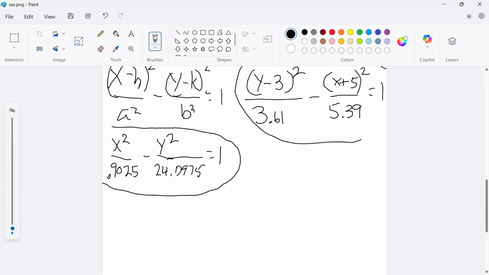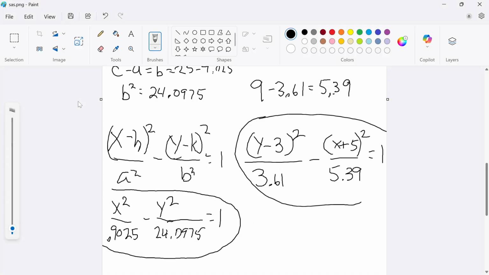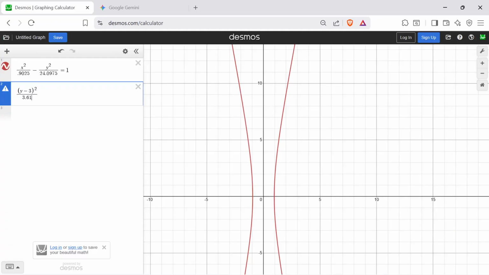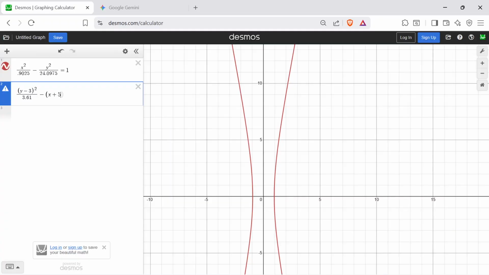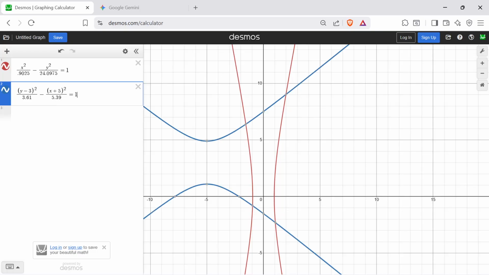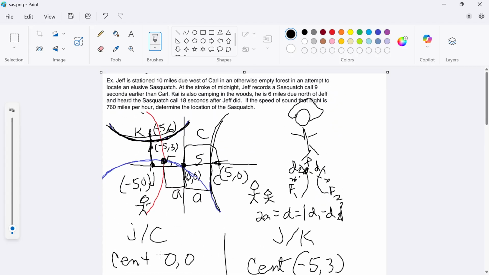And then this one is y minus 3 squared divided by 3.61 minus x plus 5 squared divided by 5.39 equals 1. And in this system, now again, remember that they're going to cross in the left and then the lower.